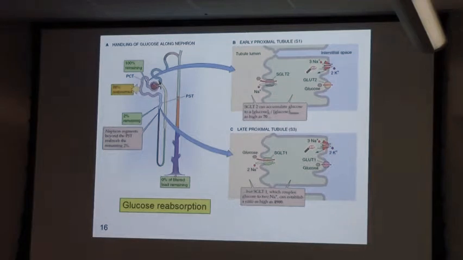It's true in the early proximal tubule and in the late proximal tubule, but the name, the type of the sodium glucose cotransporter is different. Its affinities are different. Let's not get into the similar differences. They're highly similar, especially at the conceptual level.